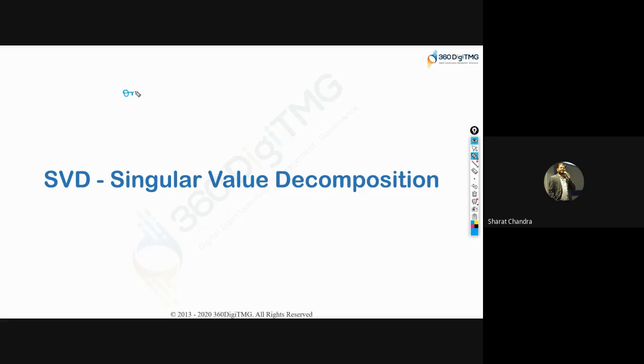Then we also have something called an orthogonal matrix. The orthogonal matrix has certain properties.